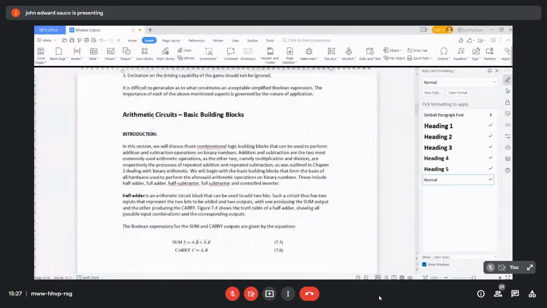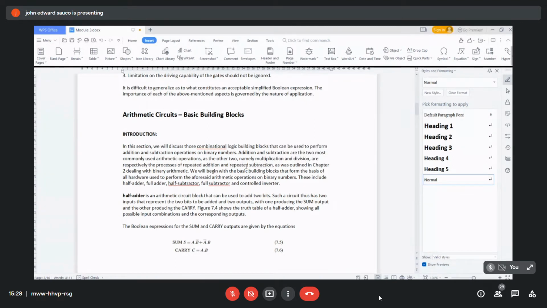So, dito na tayo sa arithmetic circuit ng basic building blocks. So, na-discuss natin combinational logic, building blocks that can be used to perform addition and subtraction. So, yung addition and subtraction is the most commonly used arithmetic operation kasi yung multiplication and division are respectively the process of repeated addition and repeated subtraction.